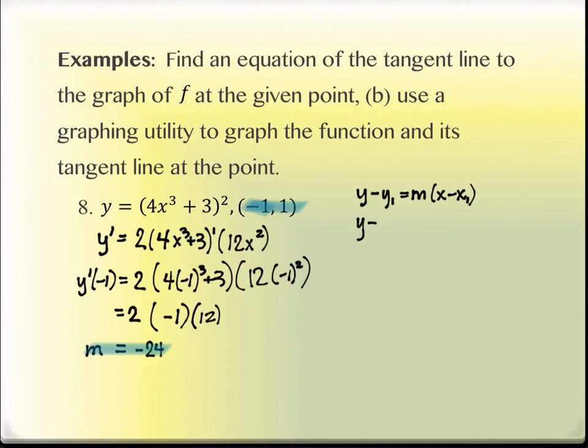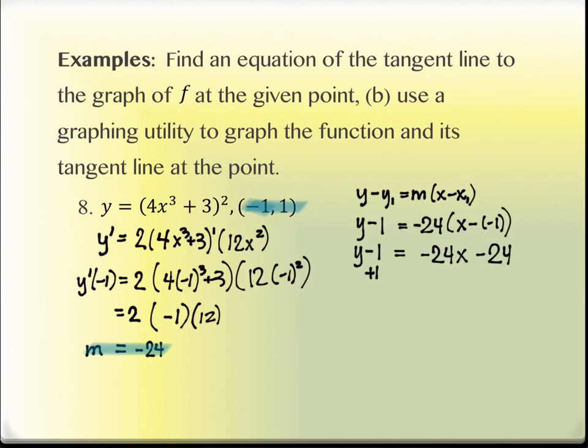My y1 value was 1, so this is y minus 1. The slope I just found was -24. My x1 value is -1, so I've got minus -1 here, or you can write it as just +1. So we're going to clean this up to solve for y. y minus 1 equals -24x minus 24.